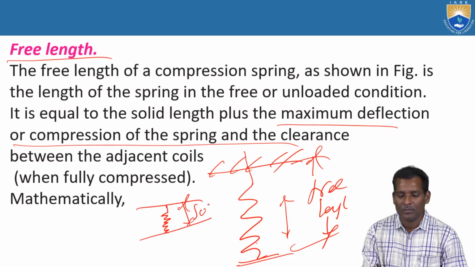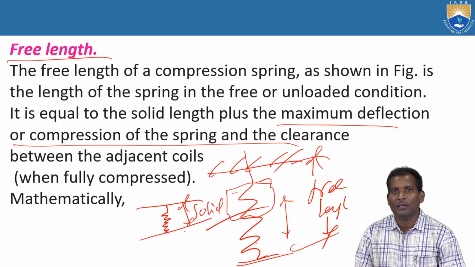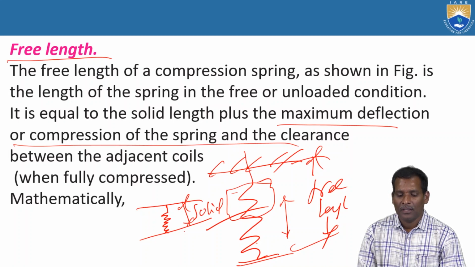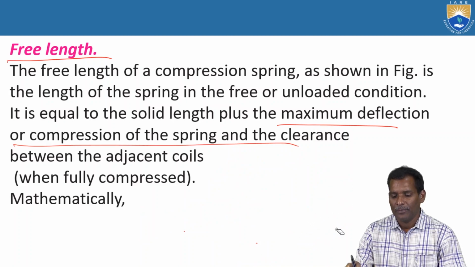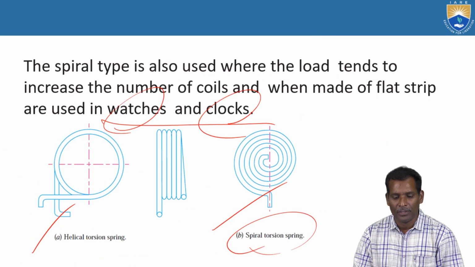So this is solid length and free length. So solid length plus the maximum deflection or compression of the spring, and the clearance between the adjacent coils. What is the clearance between one coil and another coil?